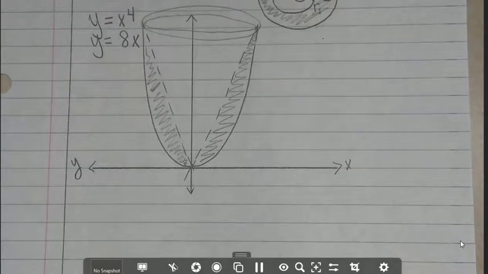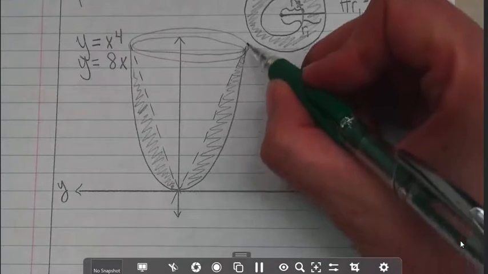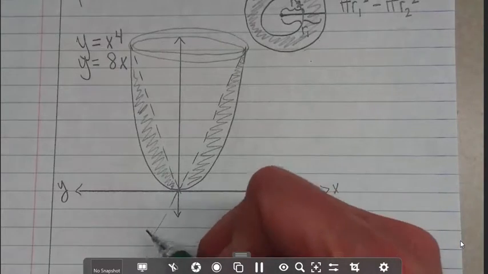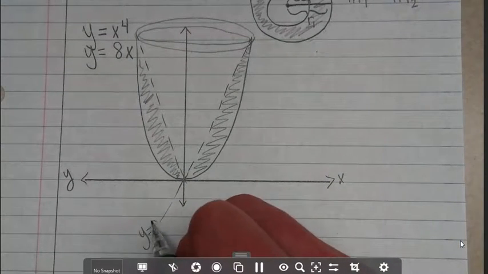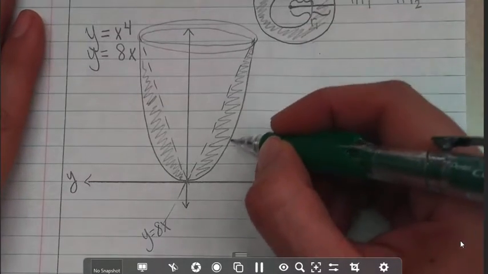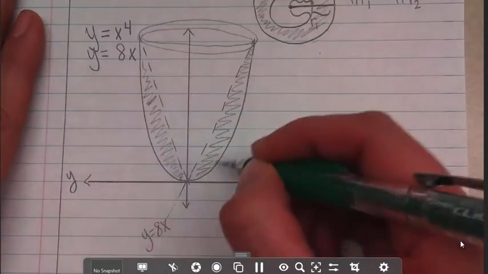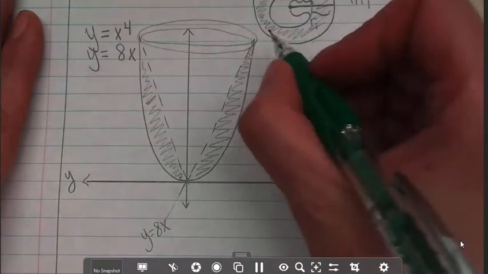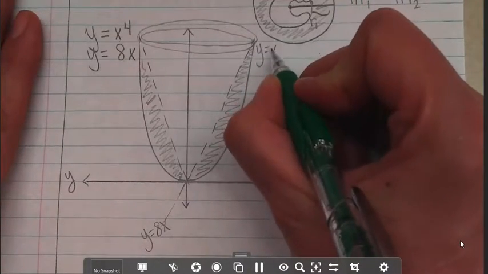Now, hopefully you can look at this graph and realize this is linear. So this right here is going to be my y equals 8x. And then this has a curve to it that looks like a parabola. So that's going to be my x to the fourth, or my y equals x to the fourth.